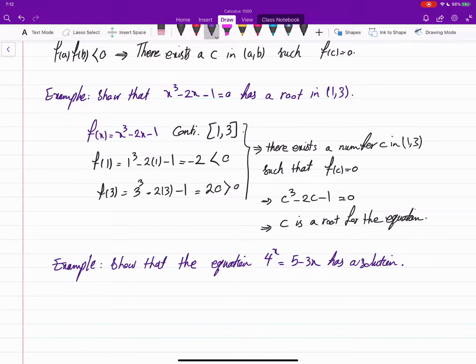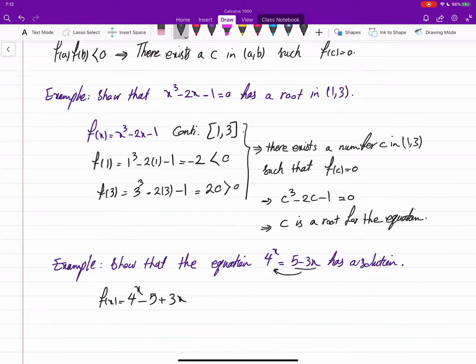Well, I didn't even write down the domain, we have to make the domain ourselves. Okay, here, first make a function out of this. So bring everything to one side. So f of x is equal to 4 to the power x minus 5 plus 3x.